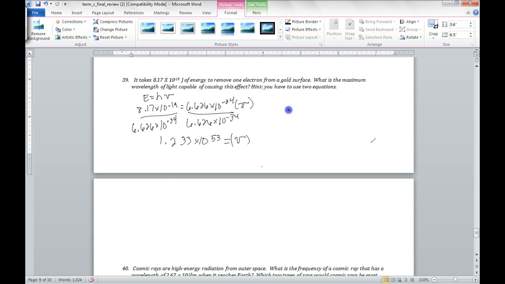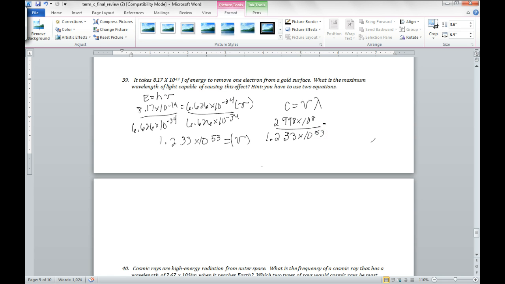Now we're going to plug that into the wavelength equation, which is going to be c is equal to v lambda. So we can go speed of light is 2.998 times 10 to the 8th divided by 1.233 times 10 to the 53rd.